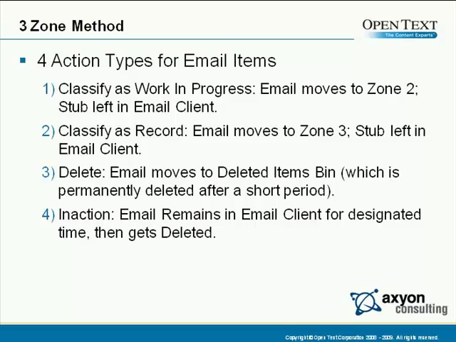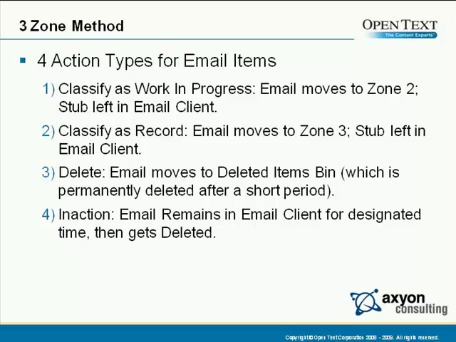The storage would likely move from your mail server to the ECM storage backend, but the convenient thing about the OpenText solution, of course, is that the stub is left in the email client. So the same way you would have accessed the email before you classified it, you're now still accessing it there from your favorite Outlook client, or you can also access it through your ECM repository.